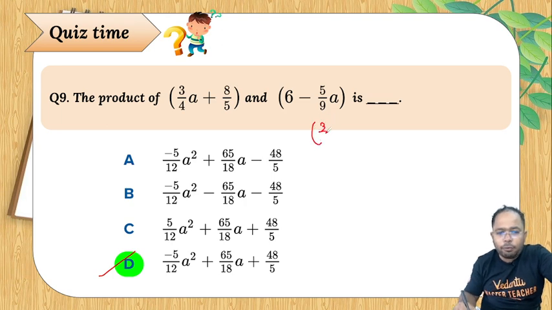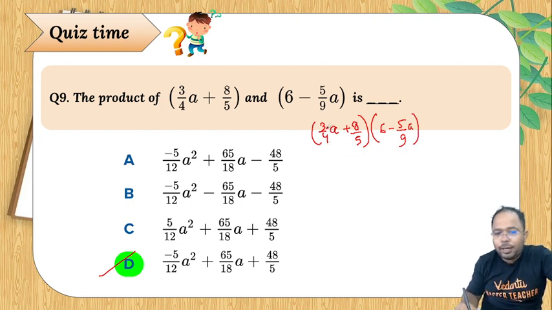3/4, look carefully here, the chances of making a mistake here increase a lot. What we are using here, or how we are doing this: 3/4a plus 8/5 getting multiplied by 6 minus 5/9a. So what we'll do is simply 3/4a, understand carefully, a lot of mistakes happen here, this will be multiplied once by 6 minus 5/9a.